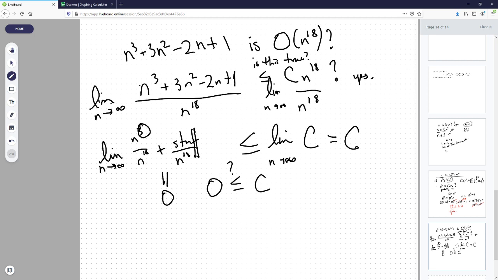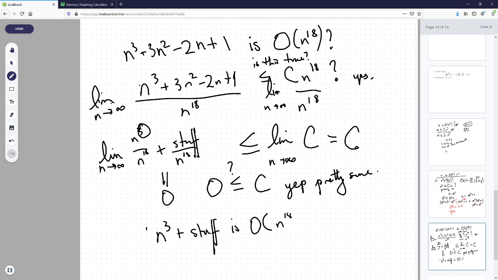And the answer is, yep, pretty sure. So it's true that n cubed plus stuff is big O of n to the 18th, but it's also big O of n to the 17th, or say big O of n cubed, right?